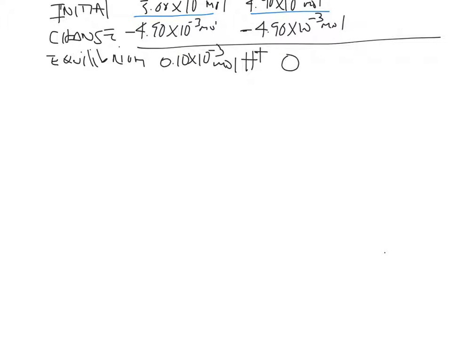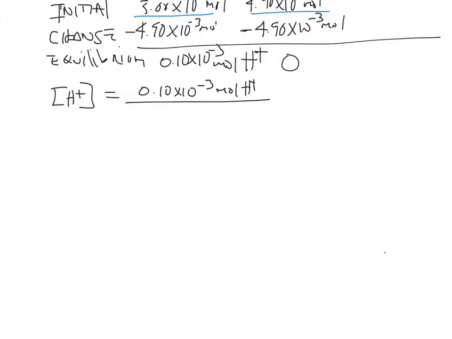Now remember that we need to look for the concentration of H positive or H3O, okay? And this will be equal to the moles of H positive, that will be 0.10 times 10 power of minus 3 moles of H positive divided by the volume of the solution.